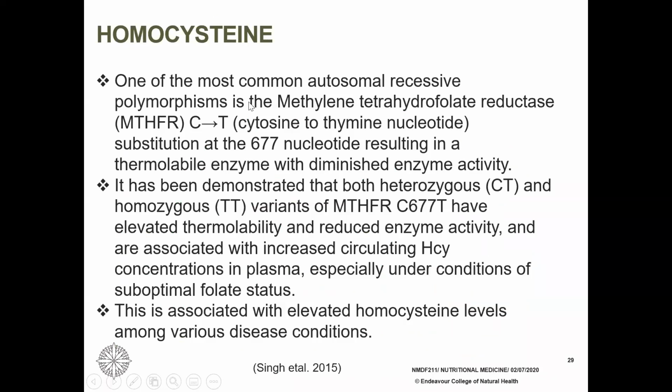So when I was talking about the polymorphism, Kathleen asked me how common it is. The common one, MTHFR, that we know is when instead of cytosine, I am adding thymine in the blood. And that changes the formation of this enzyme. This is what we know as a substitution at the number 677 nucleotide. That's how long the gene is, how many nucleotides? 700, 800.